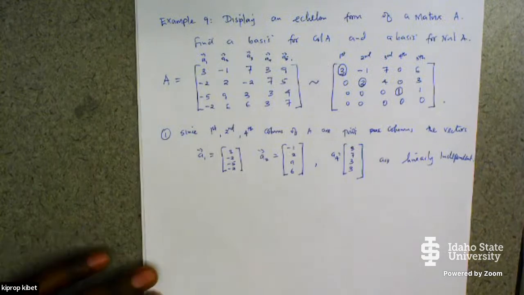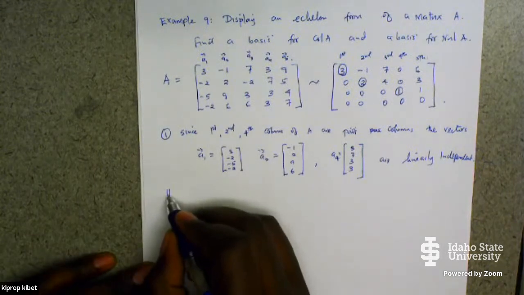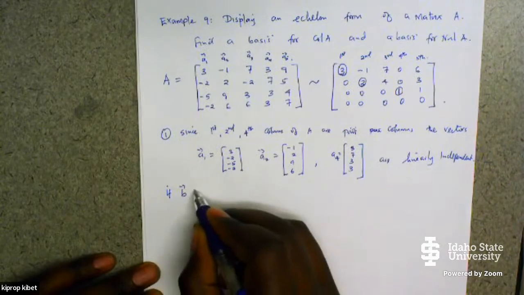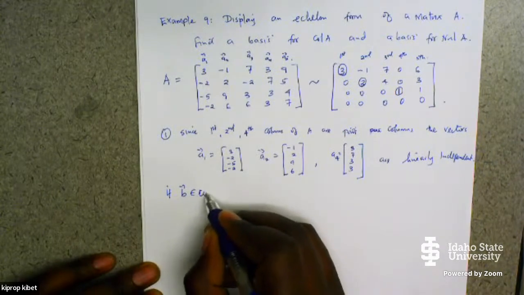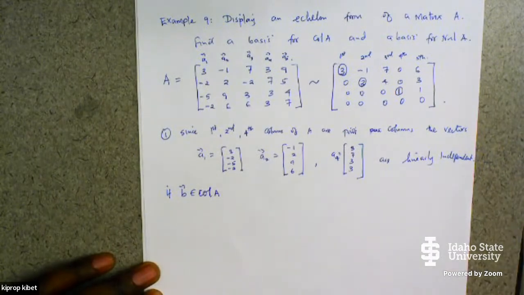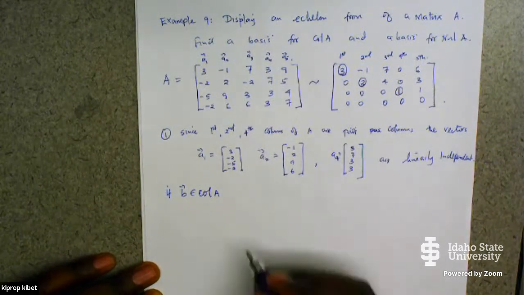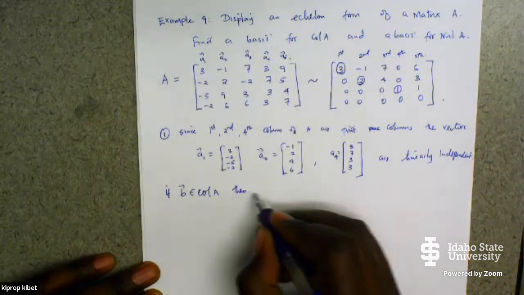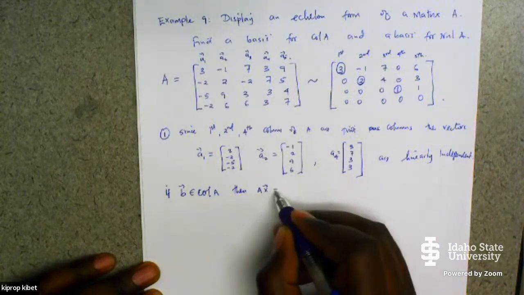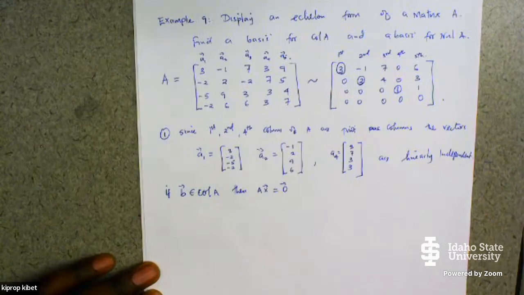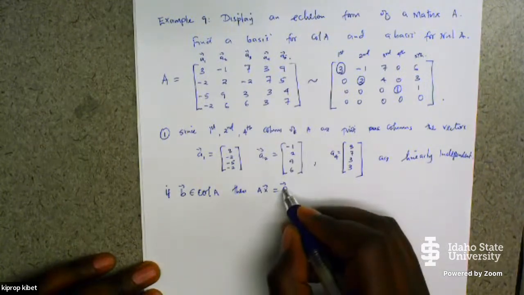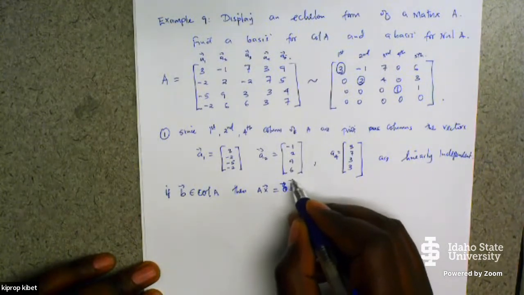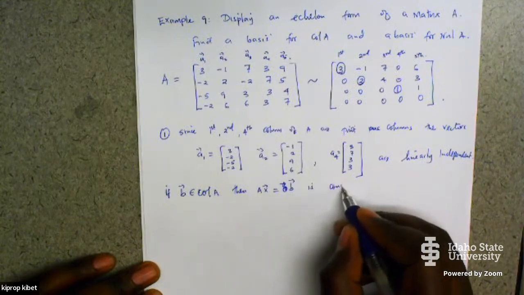Now, then, if B is an element of the column space of A, then AX equals B is what? Is consistent.